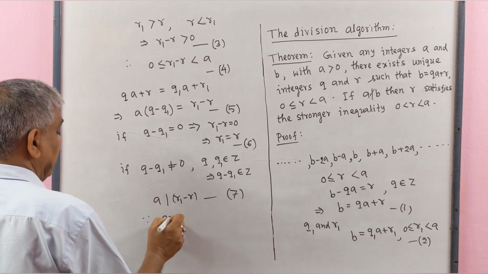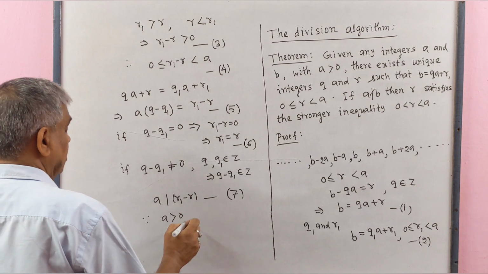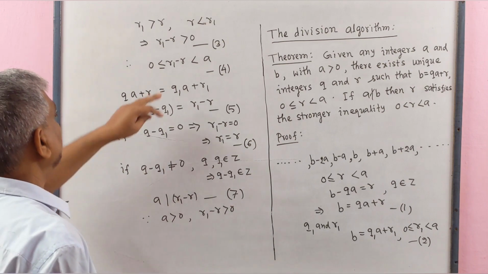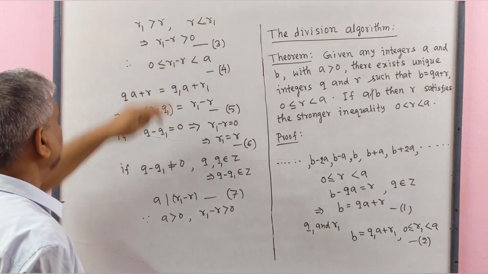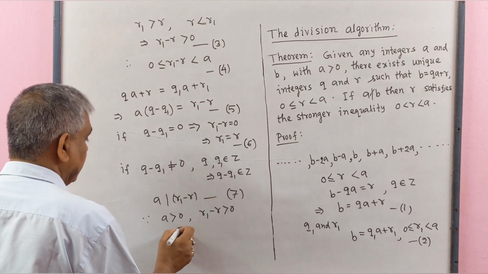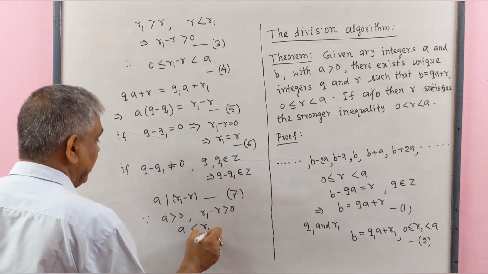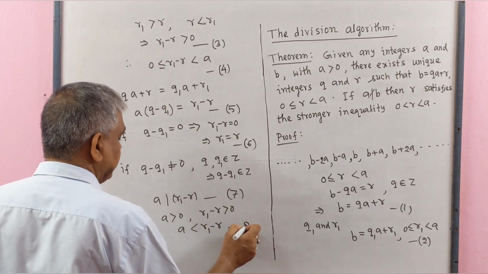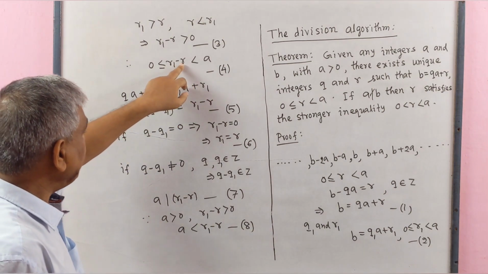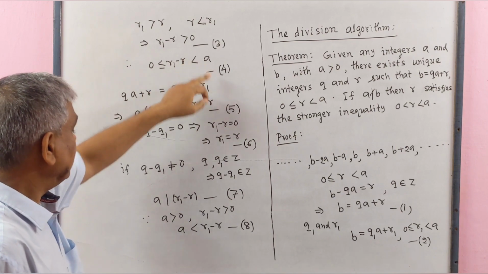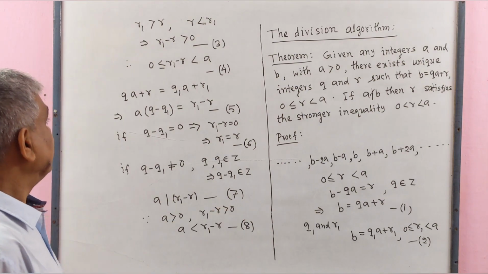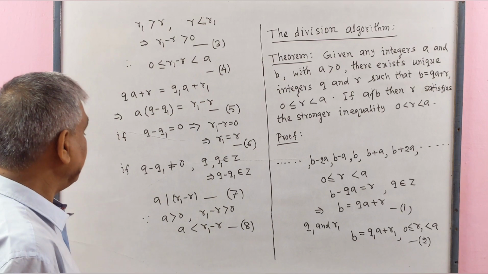Since A greater than 0 and r1 minus r greater than 0, by the earlier theorem, from 7 we get A less than or equal to r1 minus r. This is 8. In 4 we see that r1 minus r less than A. In 8 we see that r1 minus r greater than or equal to A. Therefore we get a contradiction.